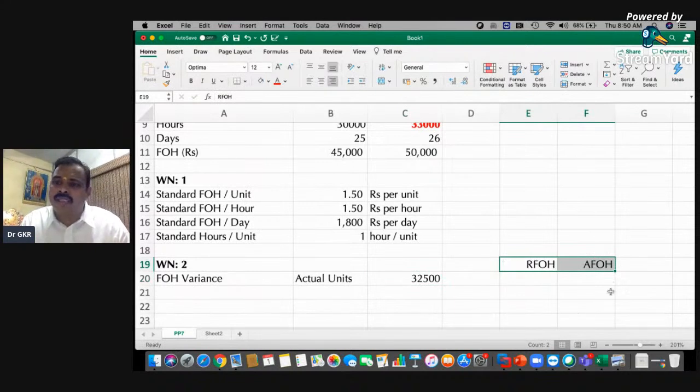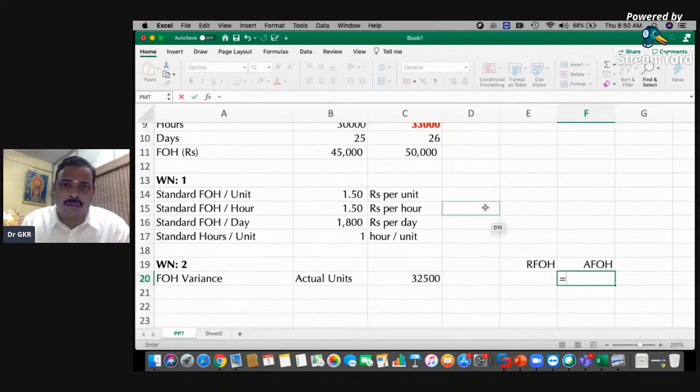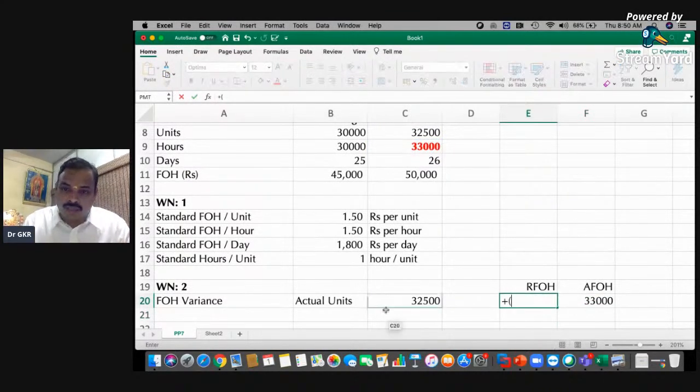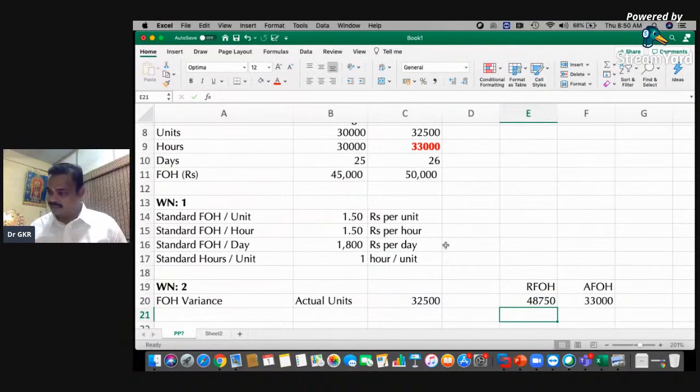So now, very simple, guys. What is our actual fixed overhead?